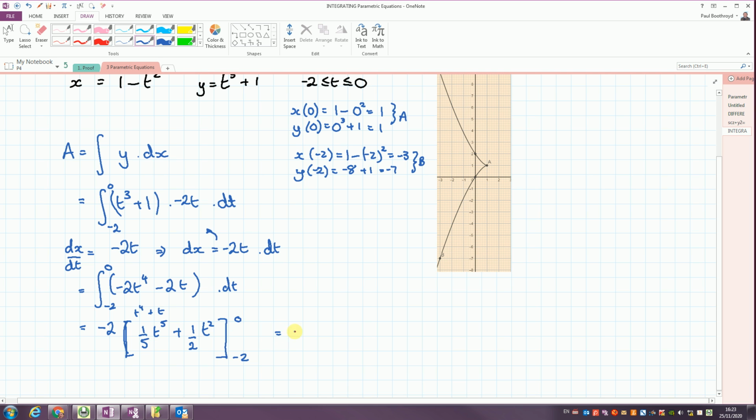Put the values in, and we've got -2 times the 0 part, so we're doing them as 2 separate bits, 0 plus 0, and subtract from that -2 to the power of 5, which is -32, odd powers, negative numbers always are negative, over 5. Add on a half of the t squared, so t squared is 4, so we get 4 over 2.